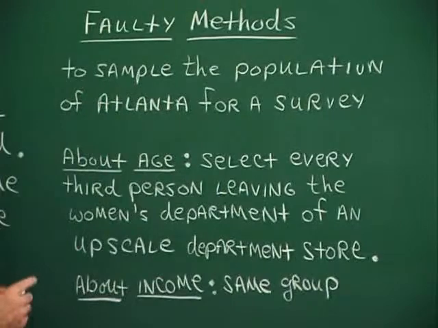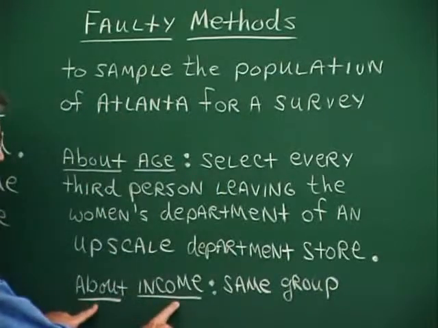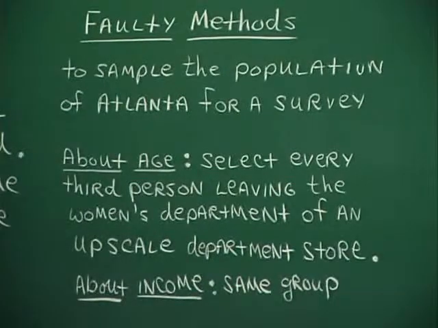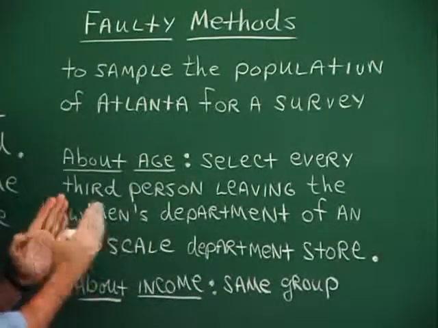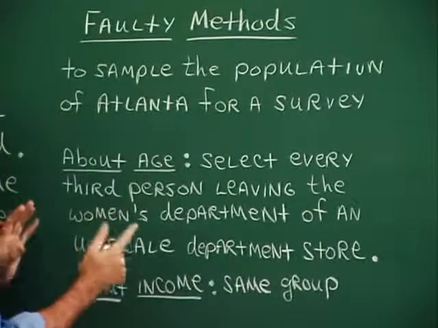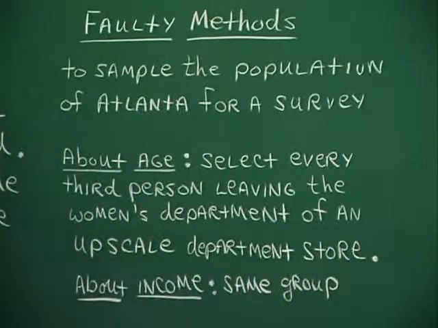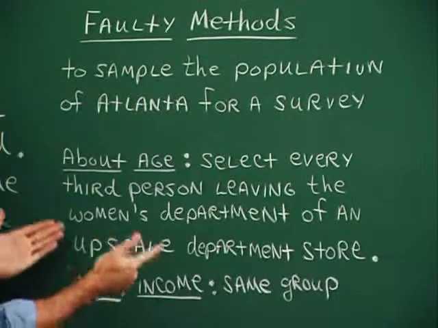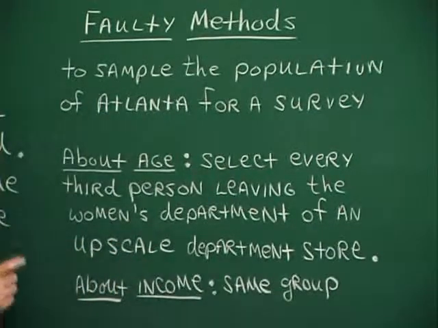Suppose we're talking about a survey involving income from the same group. Well, the same biases hold true here. We're talking about a gender bias, you see, involved with the women versus men. We're talking about a bias involved with age and income for this kind of survey. So that's what not to do.